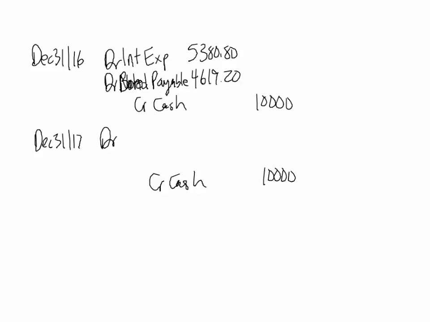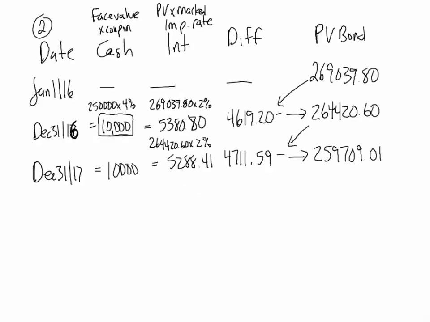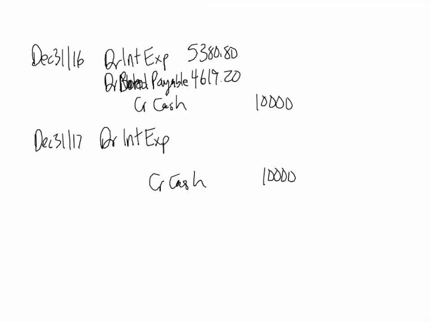But this time I'm going to have a debit to the interest expense of 5288.41, and I'm going to have a debit to the bonds payable for the difference, which is 10,000 minus 5288.41, equal to 4711.59.